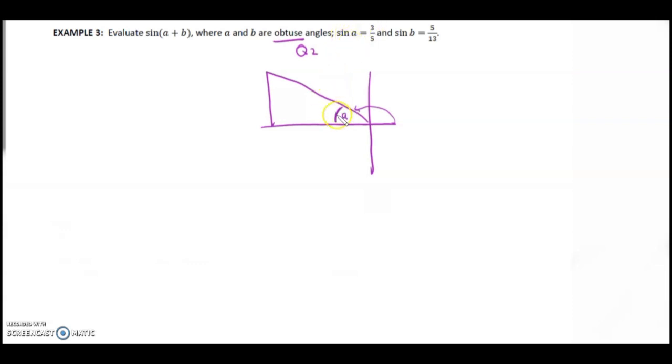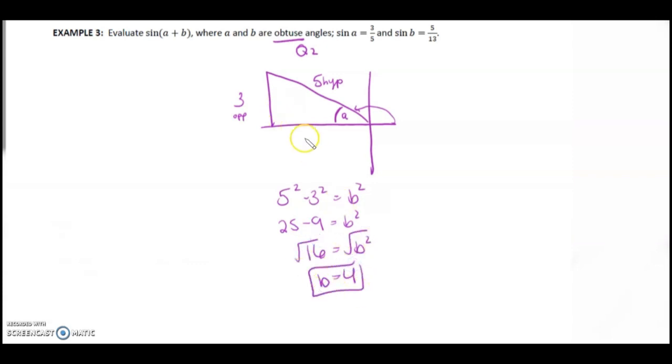So sine is opposite, and opposite is 3. 5 is the hypotenuse. If you remember, solving for the other side is just Pythagorean theorem: 5 squared minus 3 squared, so it's 25 minus 9, which is 16. So this side is 4.